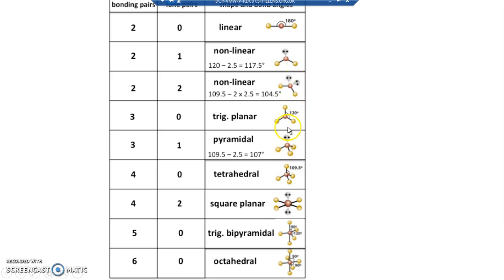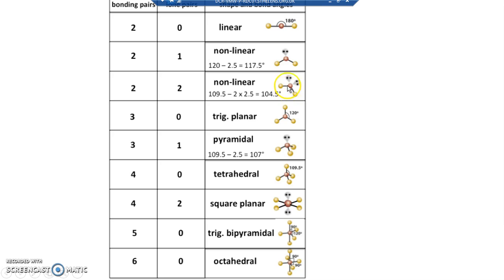So if you take the tetrahedral shape and replace 2 of the bonding pairs with lone pairs, you actually only see the atoms. You don't see these lone pairs. Because 2 bonding pairs are replaced by 2 lone pairs, you subtract from 109.5, take away 2.5, and take away 2.5 again for each of the lone pairs, and it comes out as 104.5, and that's V-shaped or bent.